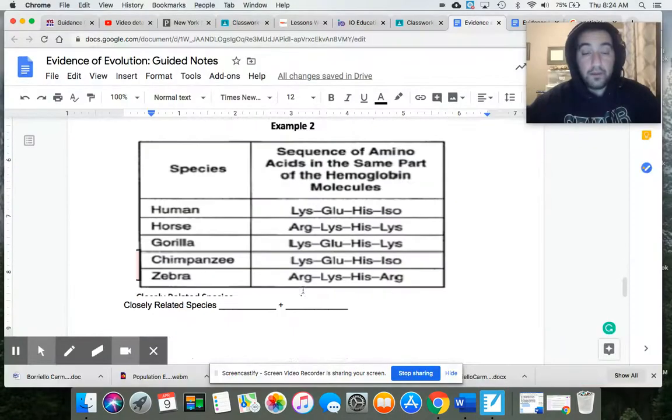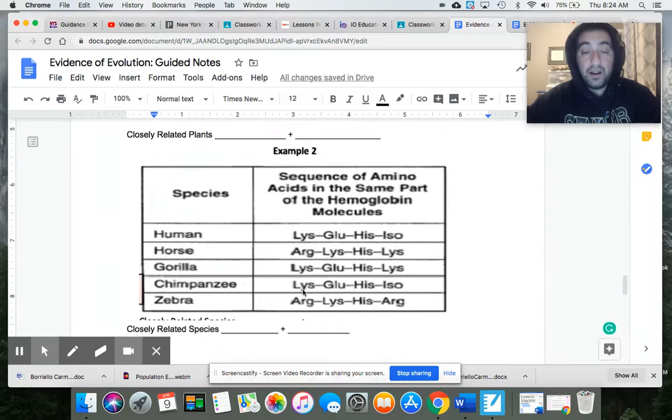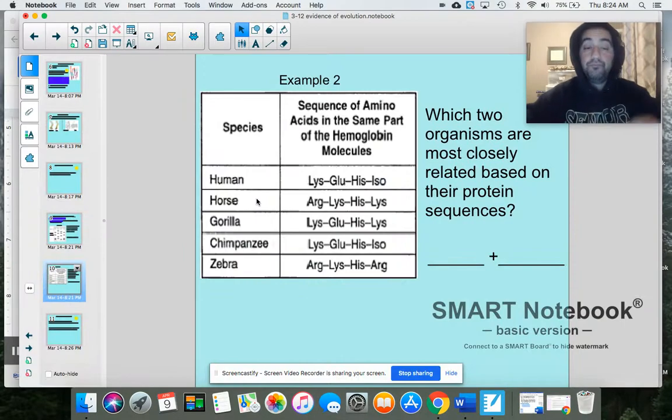All right, let's take a look at another way. Comparative biochemistry looks like not only do they use DNA bands, but they also use sequence of amino acids. So for my forensic science students out there, we definitely spoke about this.